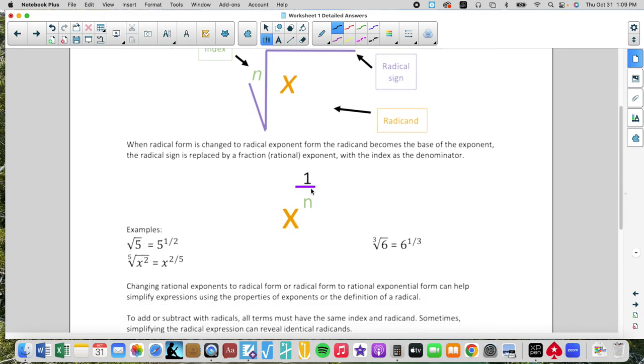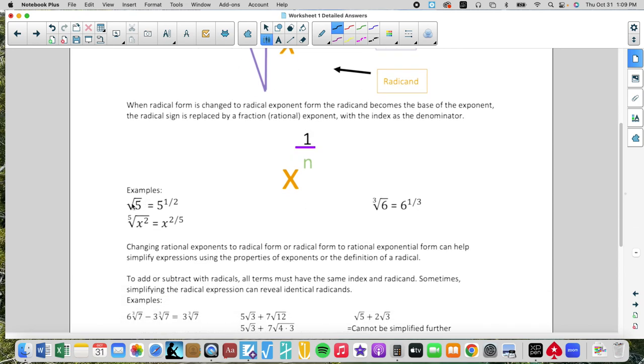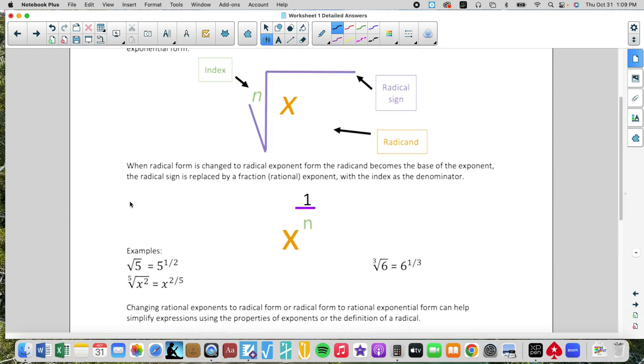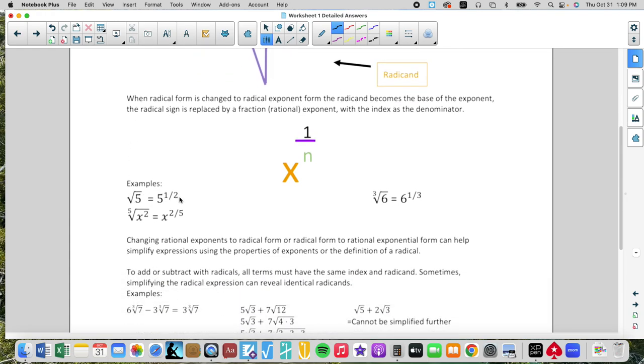As we noticed, x is to the power of 1, so that's where this 1 came from, and my index goes in the denominator. So this is the square root of 5 to the first: the power goes in the numerator, the index goes in the denominator.